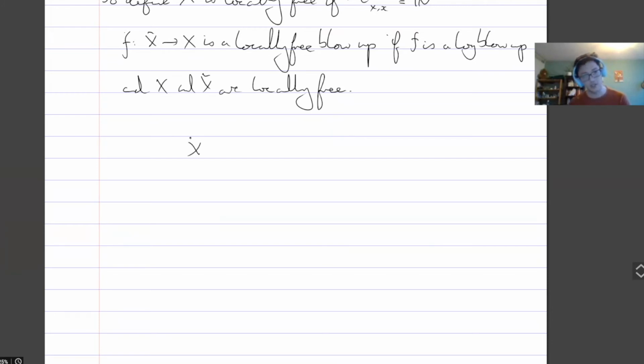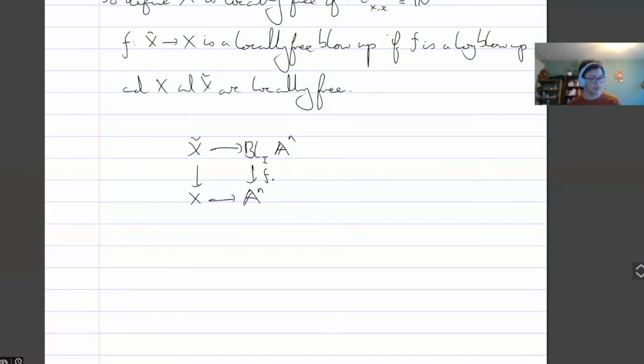Well, here I have X tilde, here I have X. It would be saying that what I have are charts between A^n and a smooth blow-up of A^n.